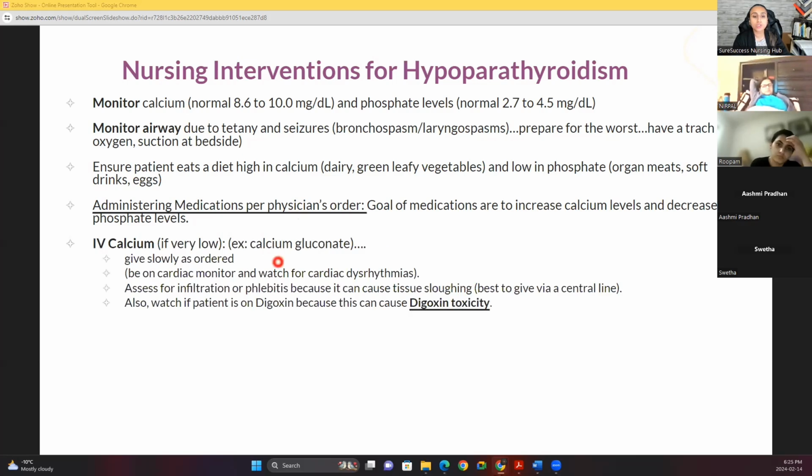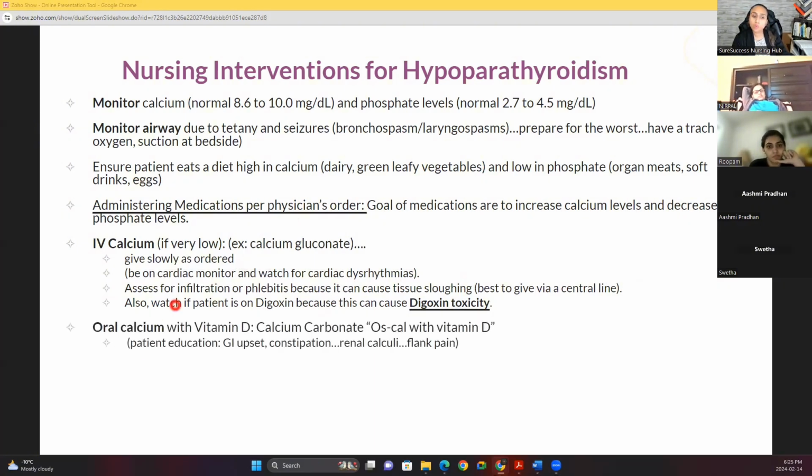So make sure you are using the central line or a big large vein. Give it slowly, because you remember calcium is also present in your heart; it can cause cardiac disturbance.